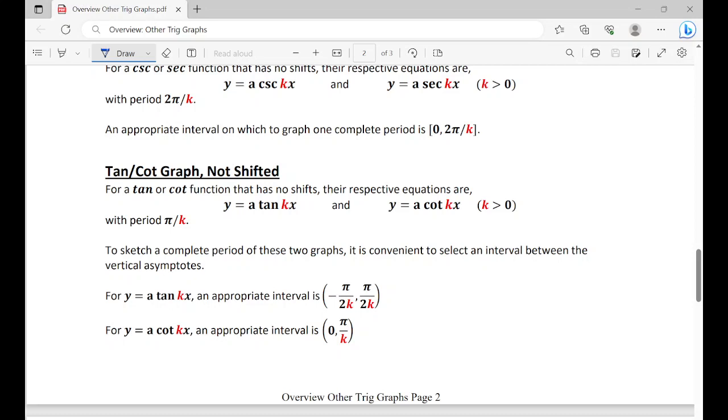Since they're a little bit different, there are 2 different kinds of intervals you should use. For tangent, an appropriate interval is between negative pi over 2k and pi over 2k. And for cotangent, an appropriate interval is 0 to pi over k. So it's a little bit different for each one. But to graph it, just one period is sufficient.